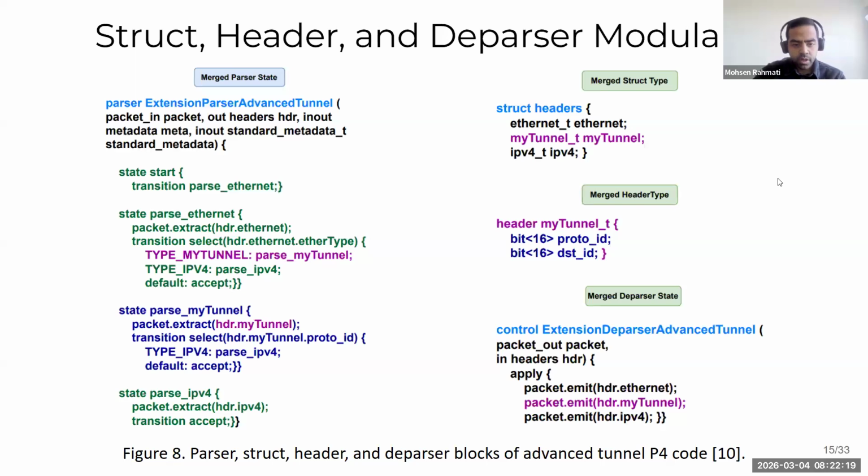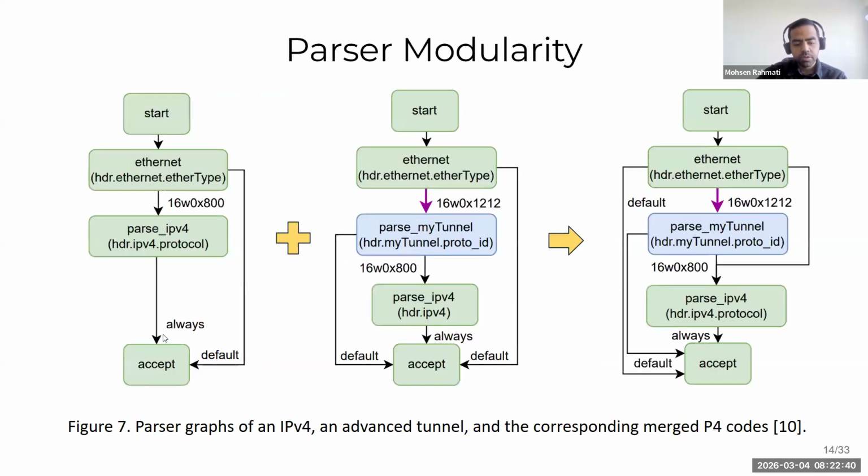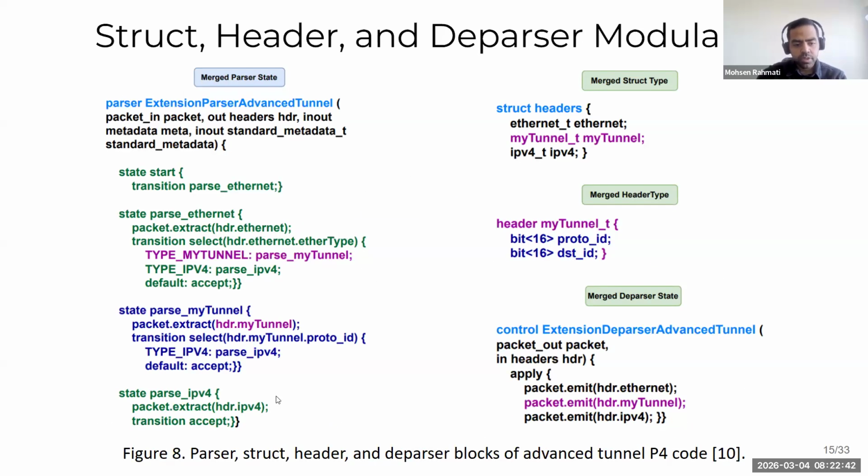As you can see, I marked with a purple line type_my_tunnel: parse_my_tunnel, as the child of parse_ethernet, like the previous slides. And also the compiler merges the state of parse_my_tunnel, which I marked in blue.